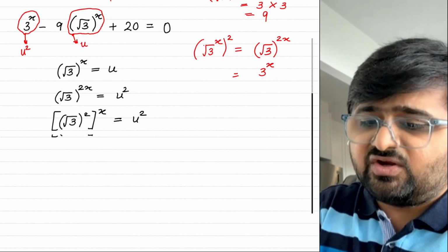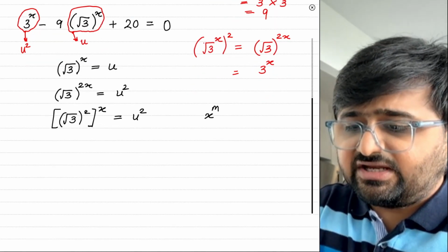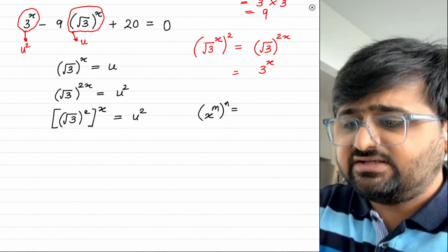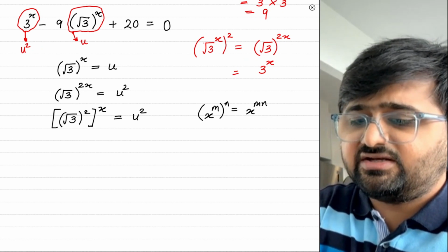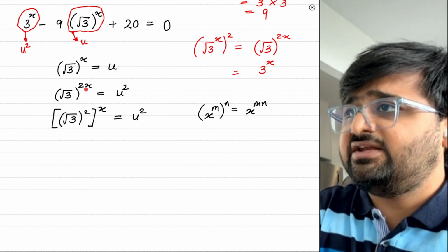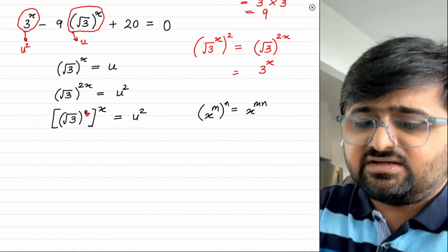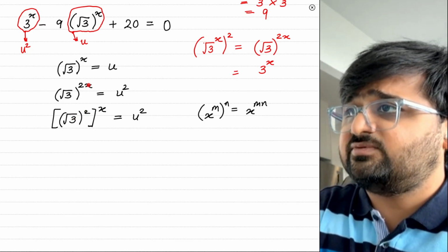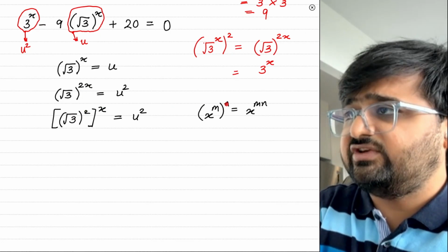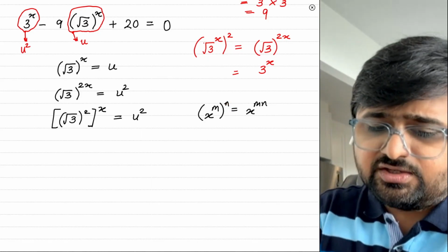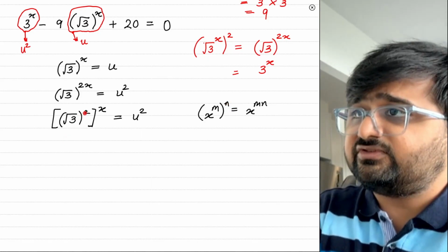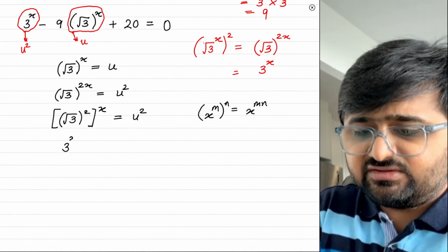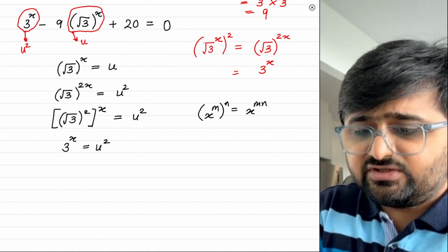Because we know that x to the power m to the power n is equal to x to the power mn, so you can just split that exponent in these two ways like this. So what you have over here, square root of 3 square is nothing but 3, so 3 to the power x is equal to u square.